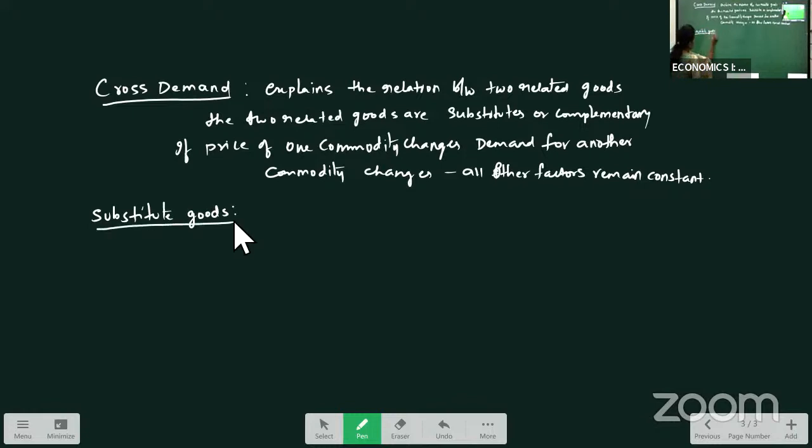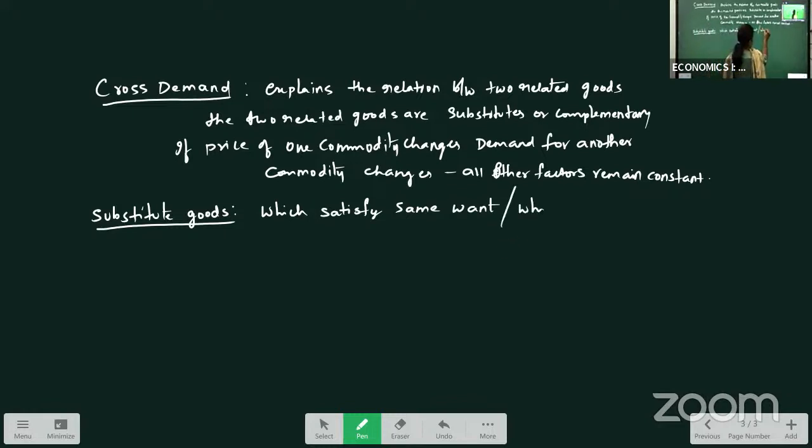What are substitute goods? The goods which satisfy the same want, which can be used in place of another.